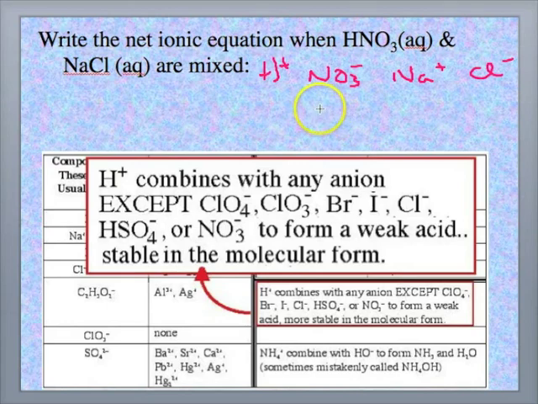Well, the answer is no. We have H+ and Cl-, but that's not going to come together to form HCl, because HCl is one of the 6 strong mineral acids, and it never forms in water. It always is completely ionized. So this is no reaction here. When we take these 2 components and put them in water, there's just no reaction that happens. We just have these ions floating around in solution.